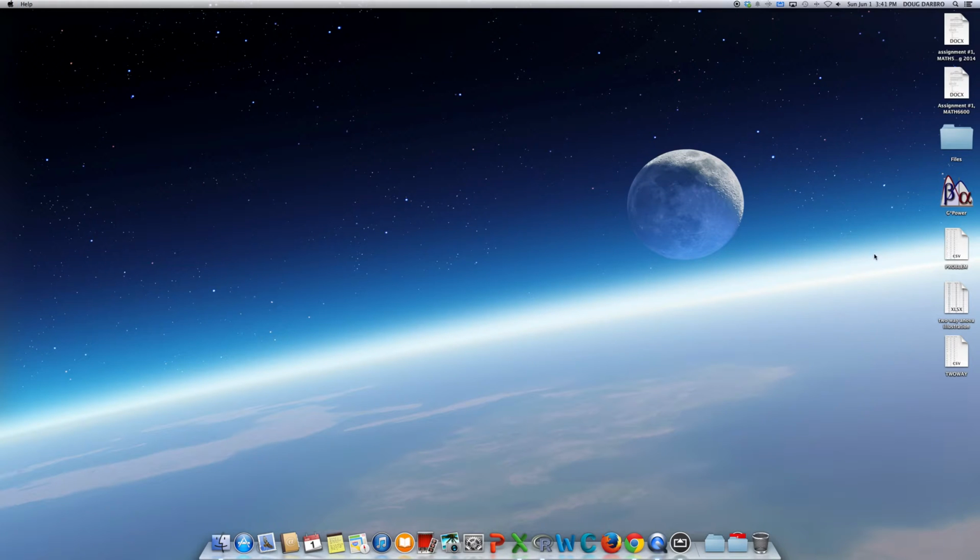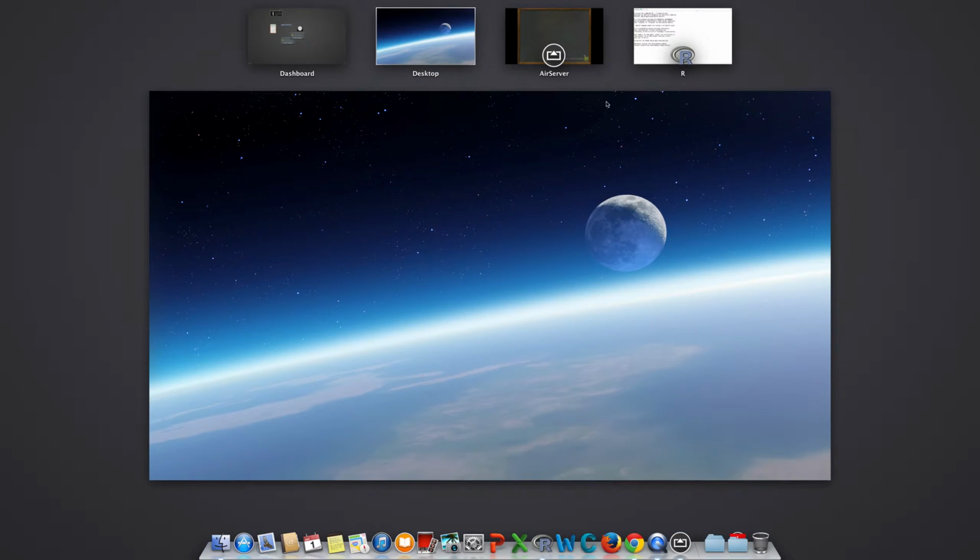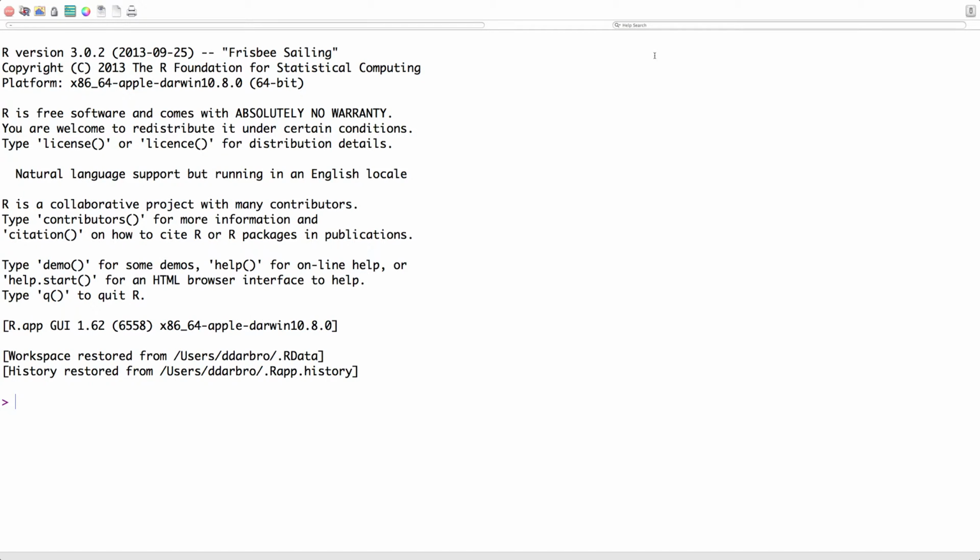And on my desktop, you'll see that I have problem in CSV format. Now I'm going to go into R and make some magic happen. Okay, so first thing, I want to set my working directory. I want to get my data.